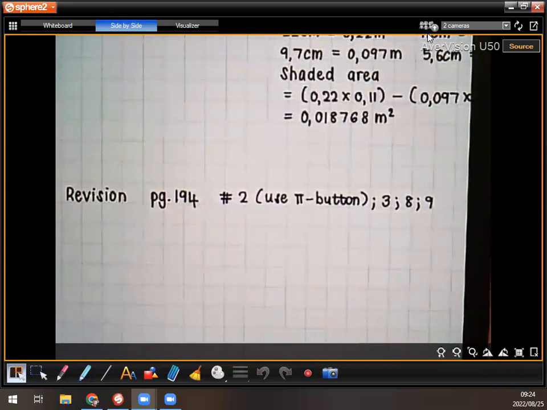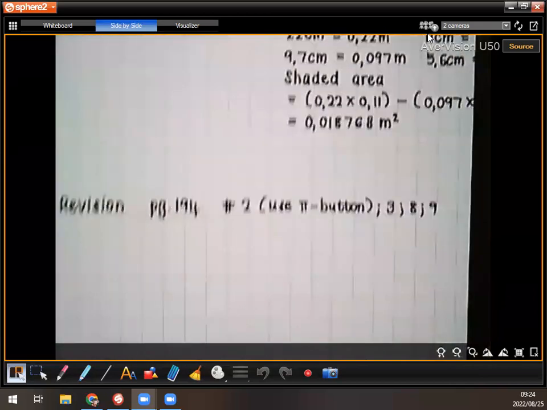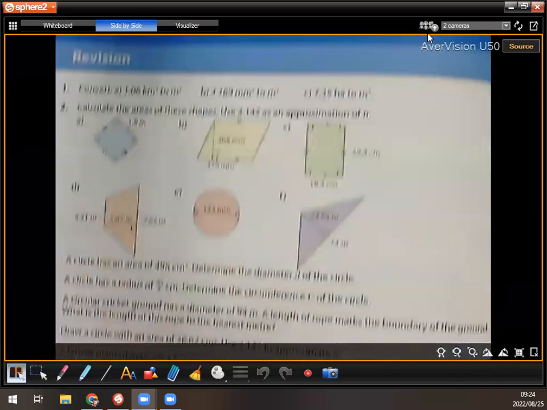When I say there is a bracket, use the pi button, because in the book they say for number 2, use 3.142 for pi. But remember I told you we don't do that here, we use the pi button on the calculator. I keep saying that. Alright, I'm putting number 2 on the board for you. But guys, you need to start bringing your textbook to class, please.